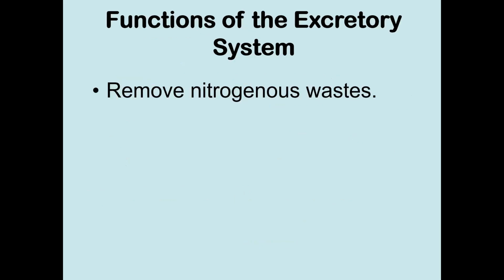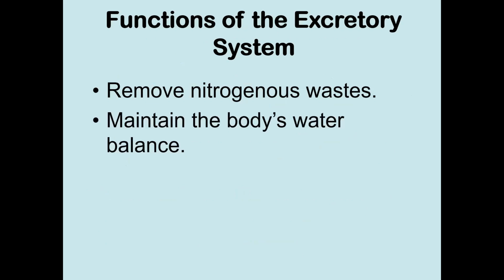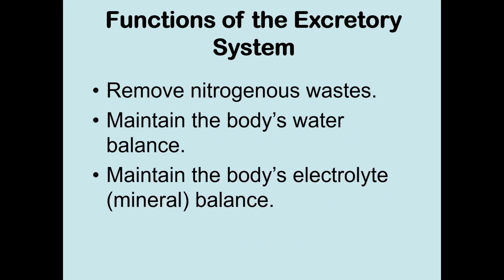Okay. So we have the excretory system, which is mainly to remove nitrogenous waste, and mainly it's urea. With us, it also controls the body's water balance: I've got too much, I've got too little.